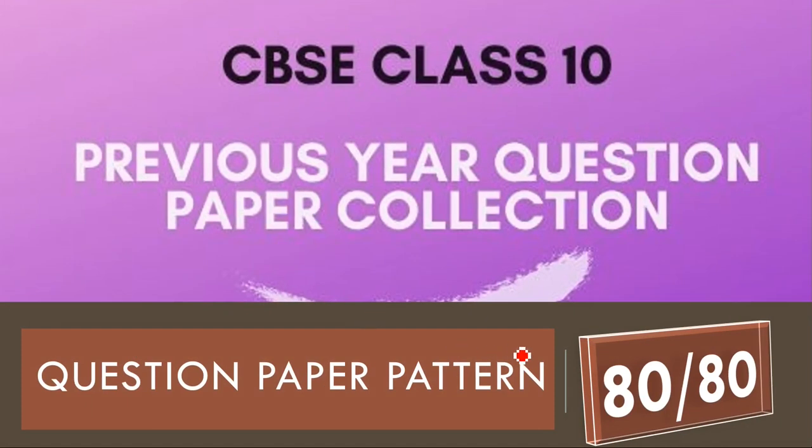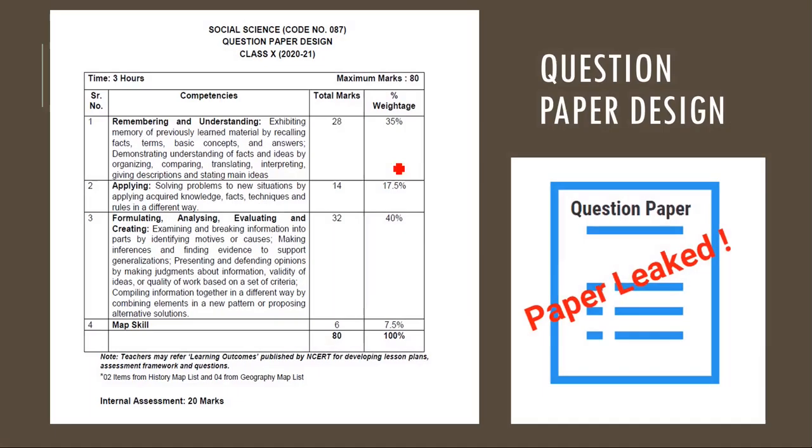Now let's look at the question paper pattern. A lot of you are asking about the question paper pattern. This is what the CBSE has given. In social science, you will not get a question paper blueprint as you will get it in science or maths. The blueprint is not based on the chapter, it is based on the competences.